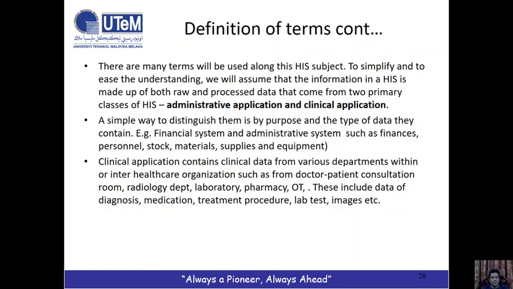And processed data means the data will be manipulated, compared with the range of, for example, the blood pressure. They have a chart, so we process it. Let's say 140 is high, less than 140 is normal.